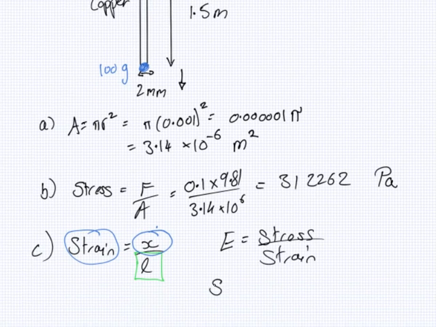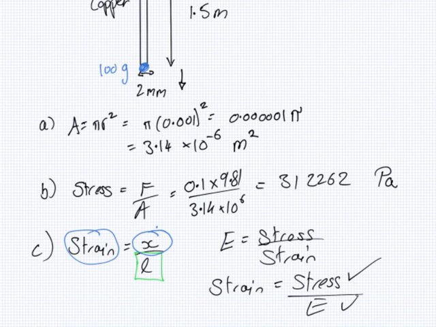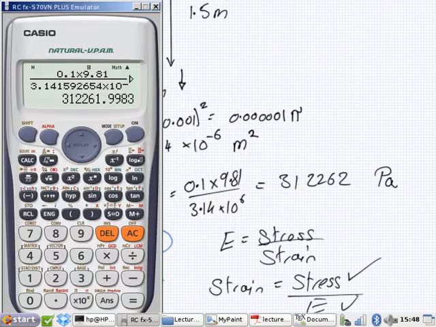So that means strain is stress, which we know, over E, which we also know because I said it's copper. And what is the value of Young's modulus for copper? 117 times 10 to the 9, like this?